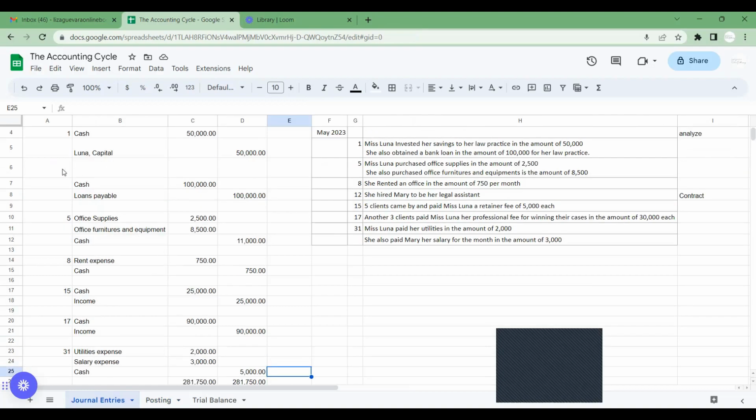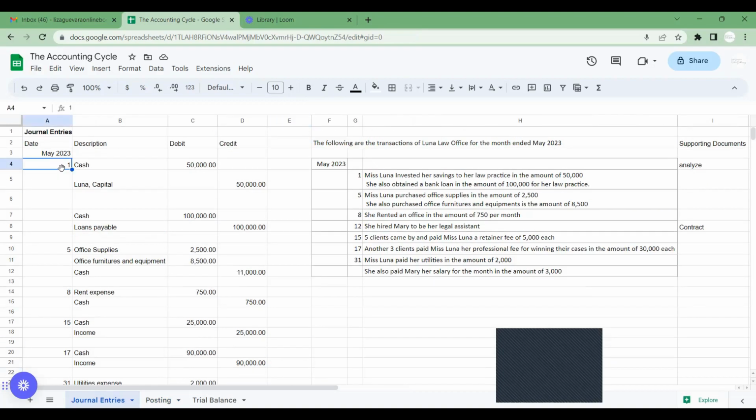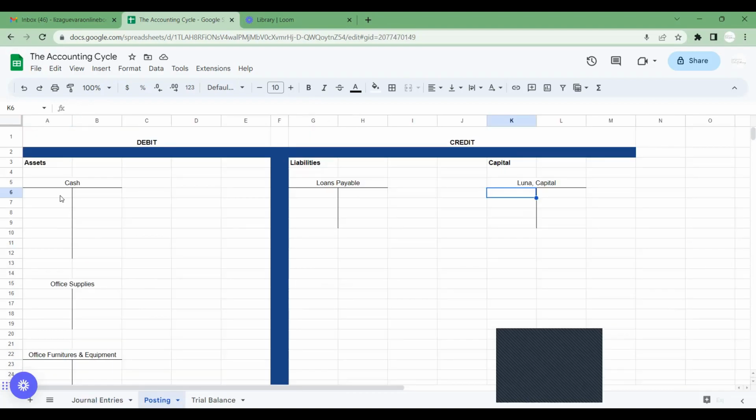So the first one is the May 1 transactions. We are going to post the first transaction. We'll debit cash of 50,000 and credit Luna Capital of 50,000. Debit 50,000 and credit Luna Capital 50,000.